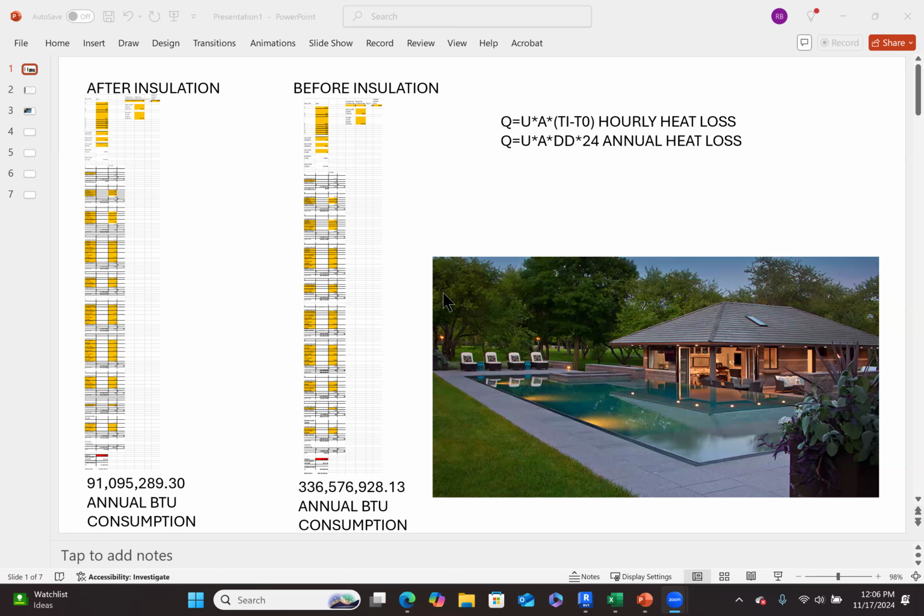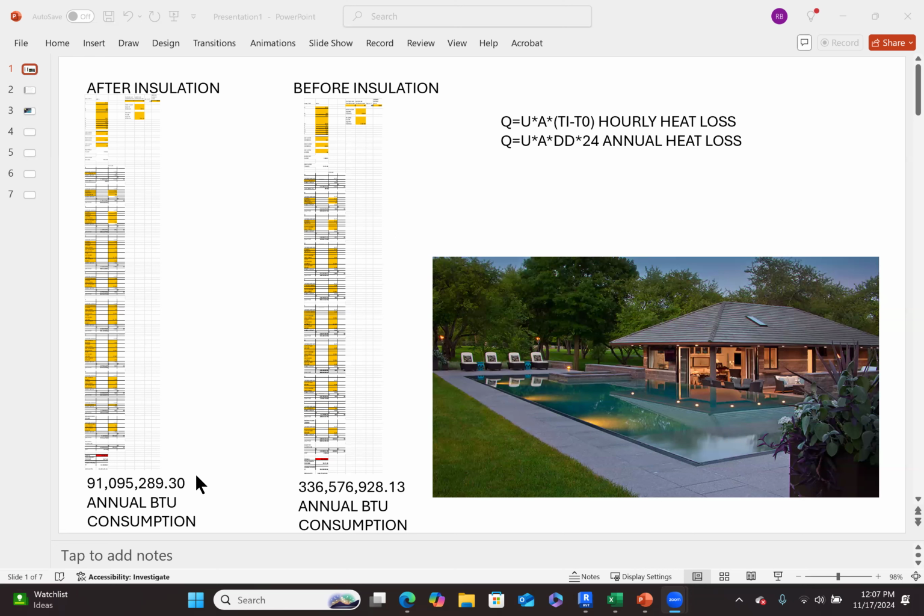But basically, I use the pool analogy in that if the pool in your backyard lost 100 gallons of water a week and you wanted to keep the level of the water the same throughout that week, then you would have to add 100 gallons of water to keep that level the same.